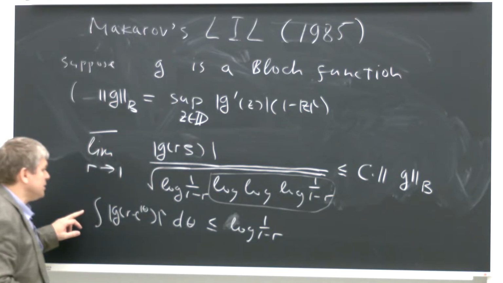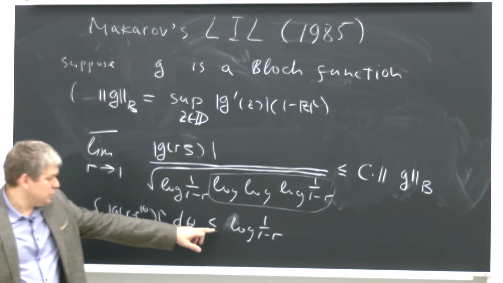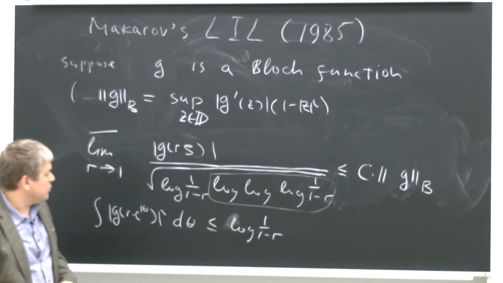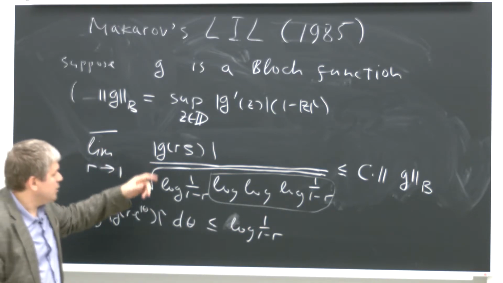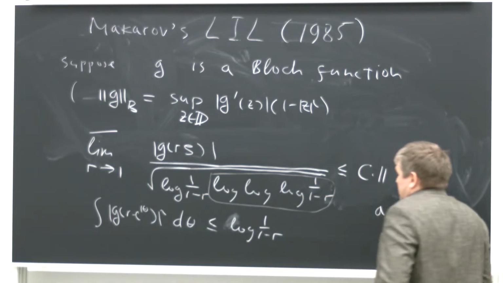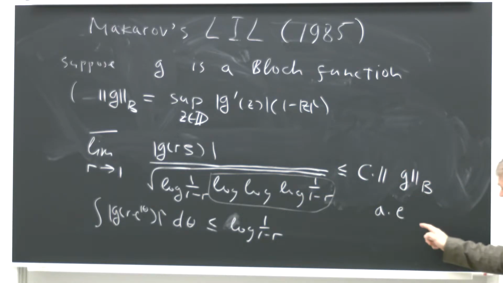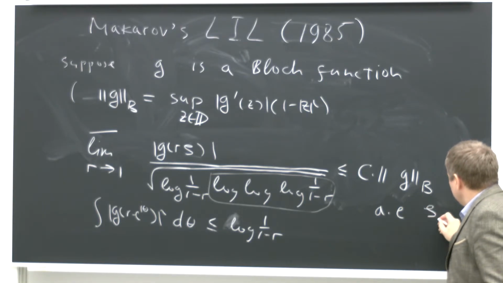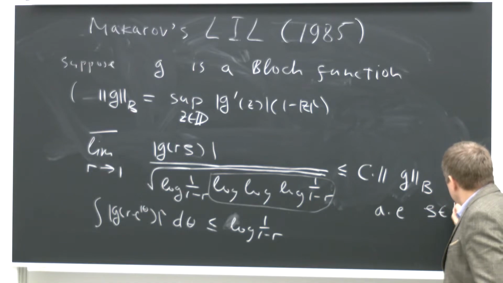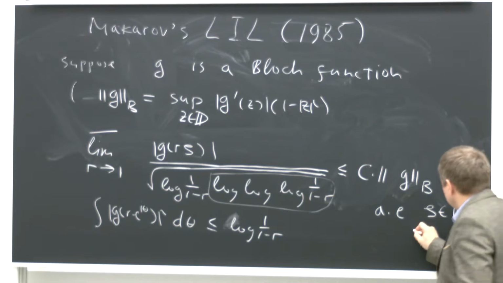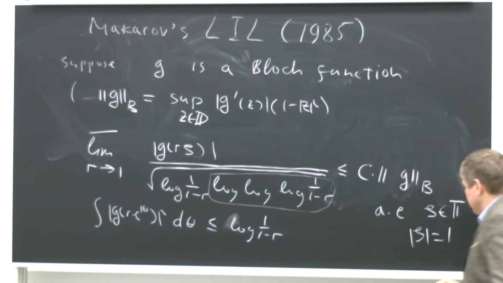Then if we take a square, it will be square root of log 1 minus r. But here we have this in the denominator. Also, I should say that this inequality is valid for almost all ζ that belongs to the unit circle. So it means that it is 1.